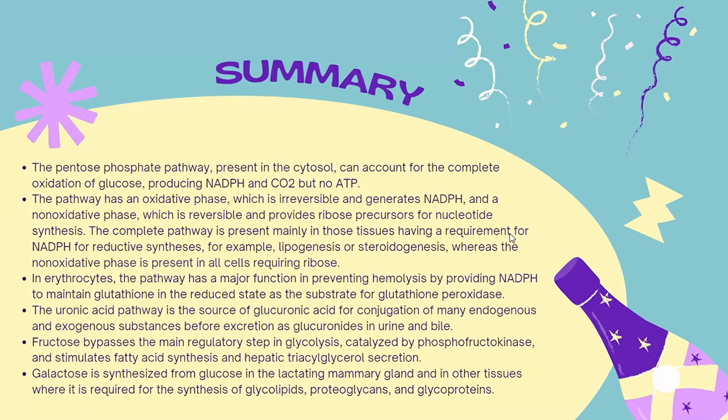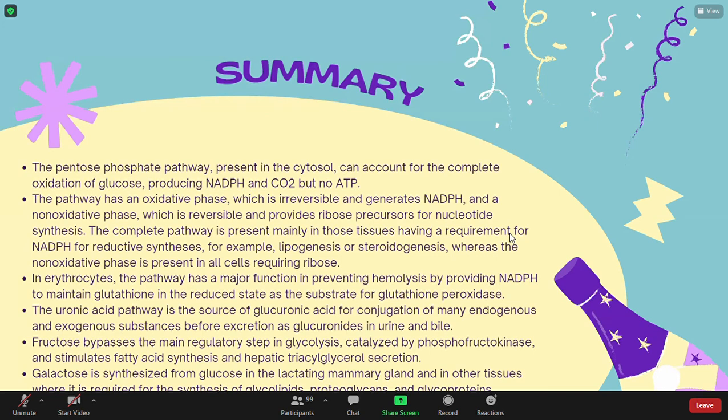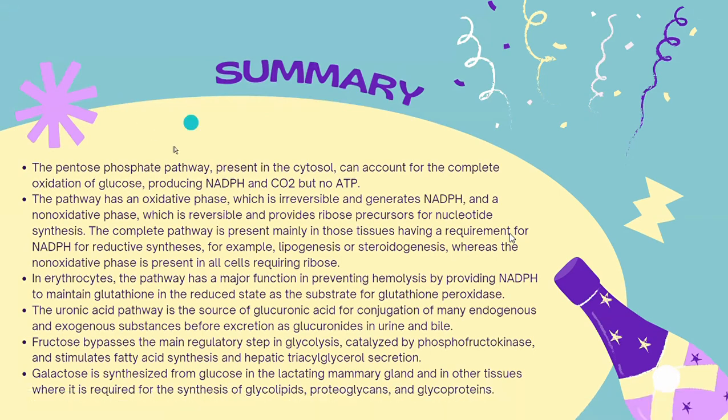All right, so we now have the summary that is found in your text. It is always emphasized here: no ATP is formed. Now, pentose phosphate pathway, no ATP formed. Uronic acid pathway, no ATP is formed.